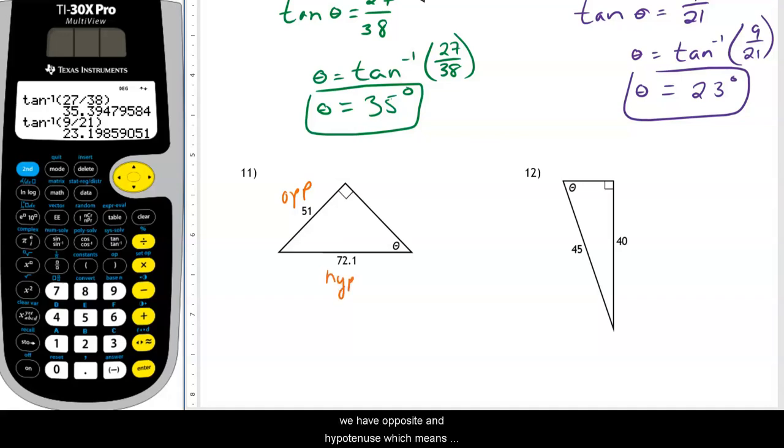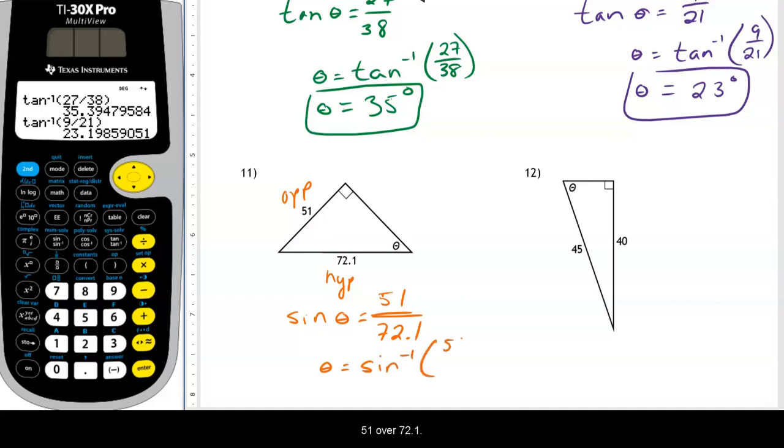So we have opposite and hypotenuse, which means we're going to be doing sine of theta would equal 51 over 72.1. So then theta would equal the inverse sine of 51 over 72.1.